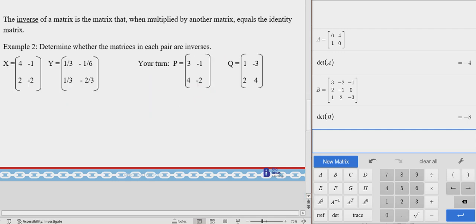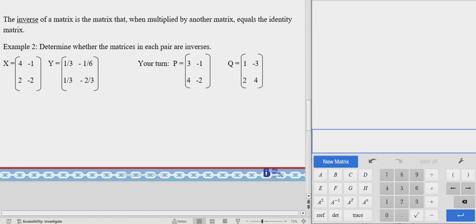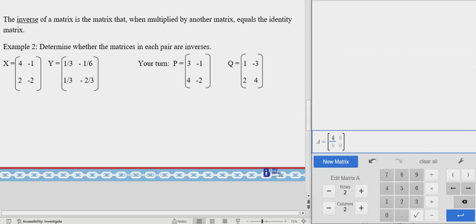The inverse of a matrix is the matrix that when multiplied by another matrix equals the identity matrix. So we can multiply these two matrices, clear everything out. So I enter my matrices in.